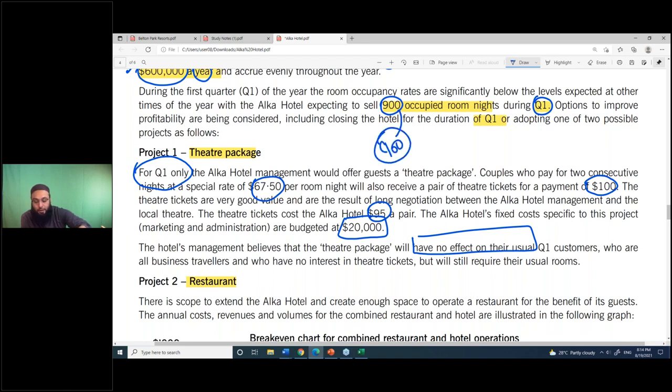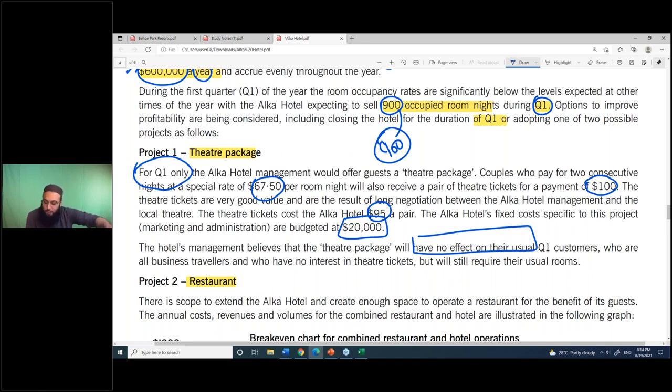These are business travelers who have no interest in theater tickets, but will still require their usual room. So the current audience remains unchanged. Whatever you will get will be your new audience, as your current audience will not be affected.